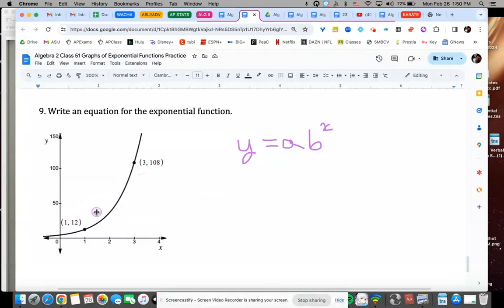So 12 times 2 times 2 doesn't work. What about 12 times 3 times 3? Well, 12 times 3 is 36, and 36 times 3 is 90 plus 18. That's 108. Oh, so that actually works. So just logically, I figured out that the rate has to be 3. Whoops, I kind of erased this. I didn't want to.